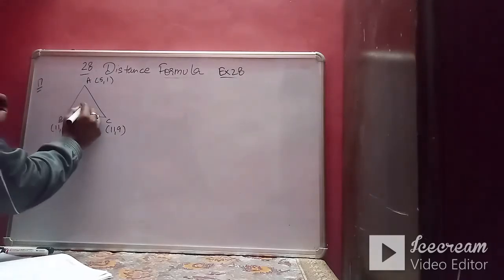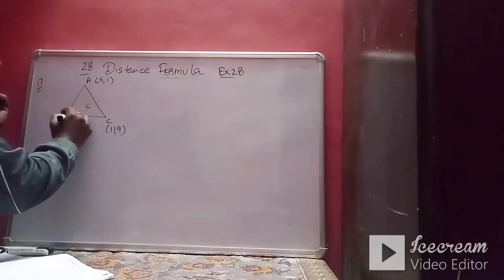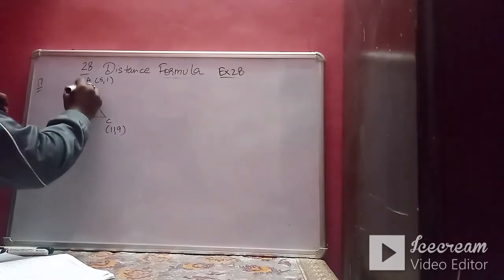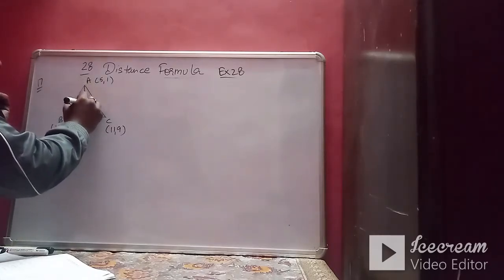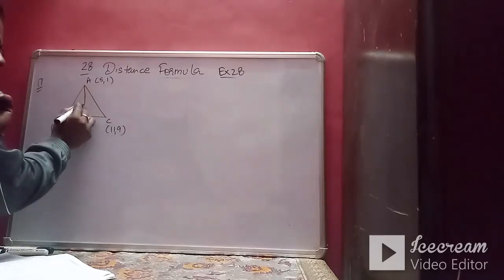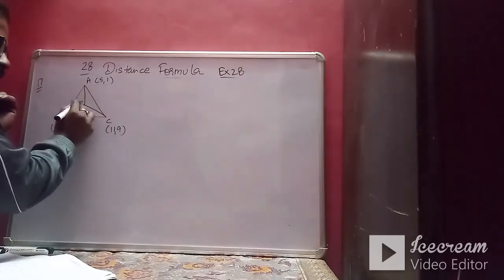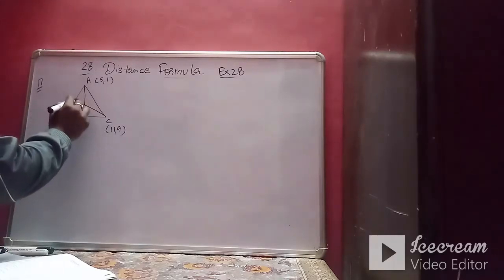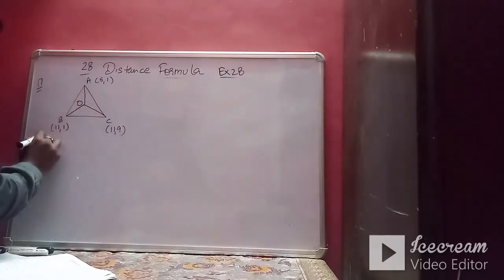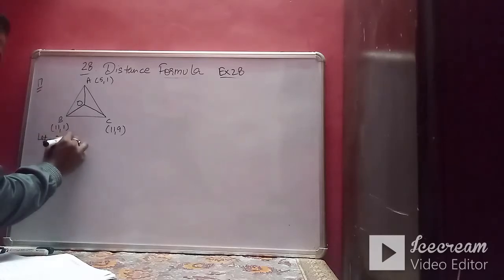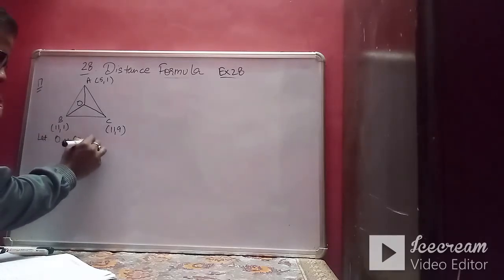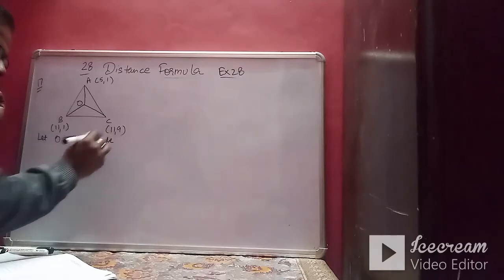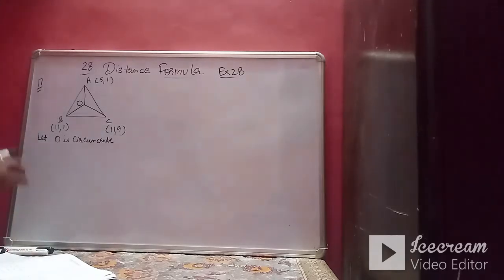That is, if this is C, the distance of this point circumcenter from all the vertices is equal to each other. Let's take the point as O. So let O be the circumcenter. The circumcenter is the point of intersection of the perpendicular bisectors of the sides of the triangle.